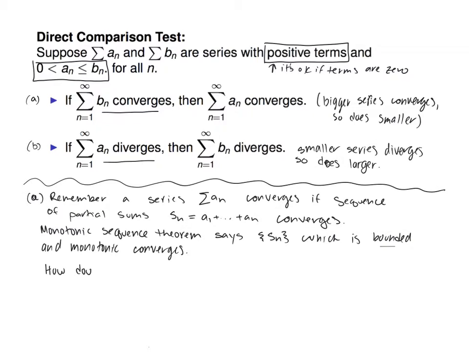How do you know that this whole sum from n equals 1 to infinity of a sub n is bounded? What tells you that that's true?